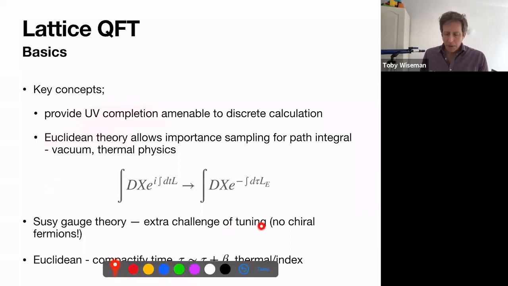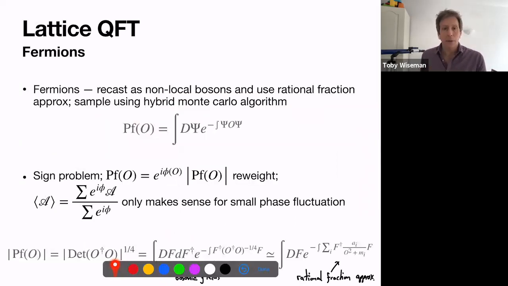And there's another issue in principle, which is the so-called sign problem, which can be associated to fermions. In fact, I'll talk about that right now. The way we normally deal with fermions on the lattice, or one way to deal with them, is you can recast them as non-local bosons. The starting point is that you integrate out the fermions and you get some sort of Pfaffian of some operator.